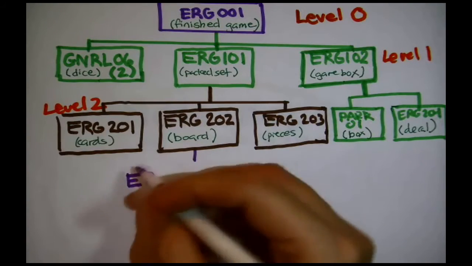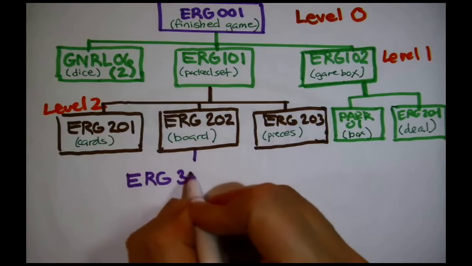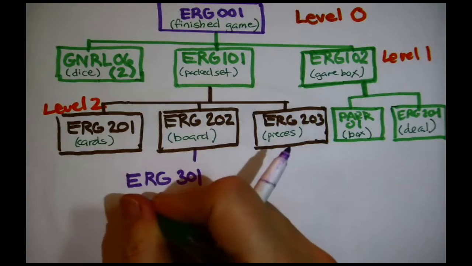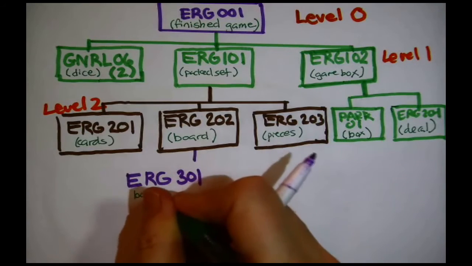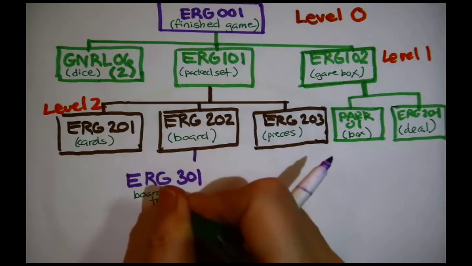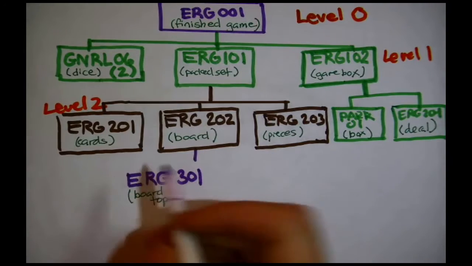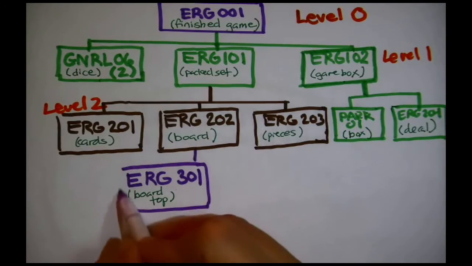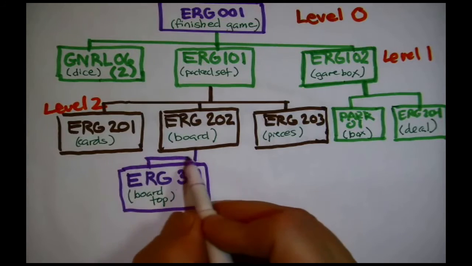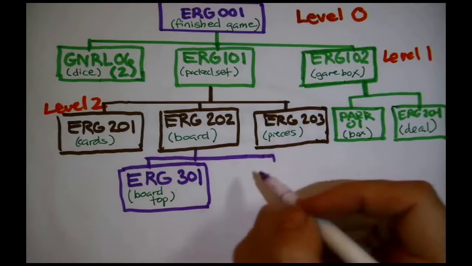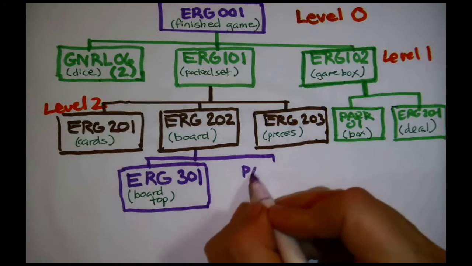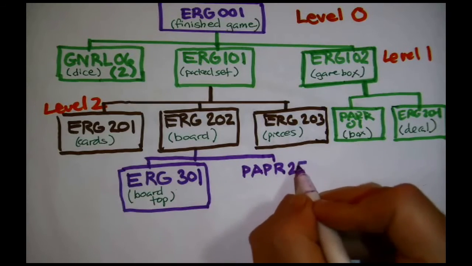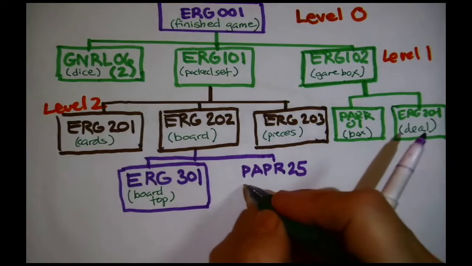ERG 301, right, down on the 3rd level. That's board top. The laminate top is a child of ERG 202. And also the PAPR, stock paper item 25. That would be the standard board.